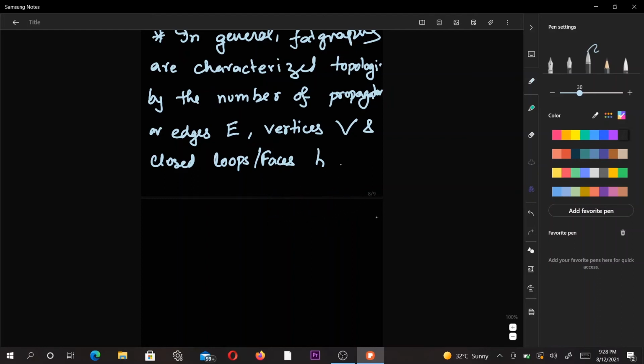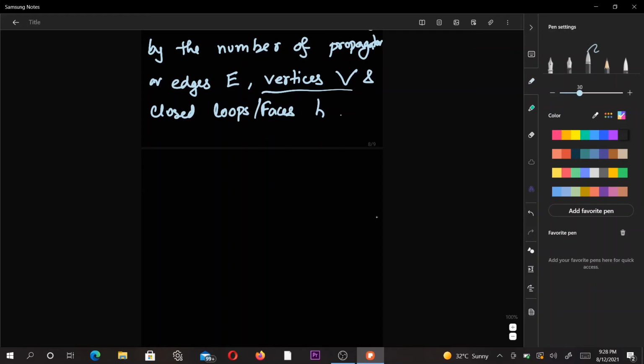V is the total number of vertices, not any specific vertex. For example, it's the total number of vertices in a certain expansion, if you're doing a matrix integral expansion. So this V is the total number of vertices, not a specific vertex.